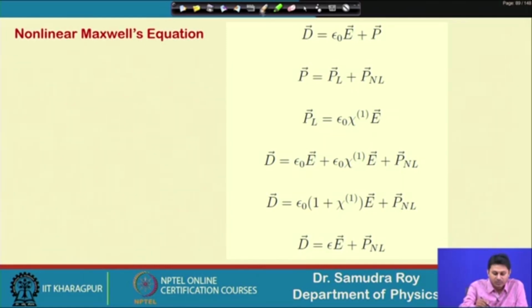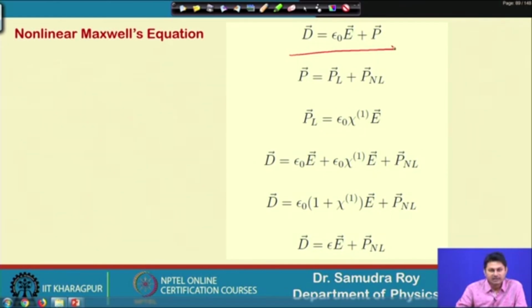So, let us start with our fundamental expression, that is D, the displacement vector, which is epsilon 0 E plus P. Now, it is not necessary that D and E should be in the same direction, because the polarization can be a function of the electric field.